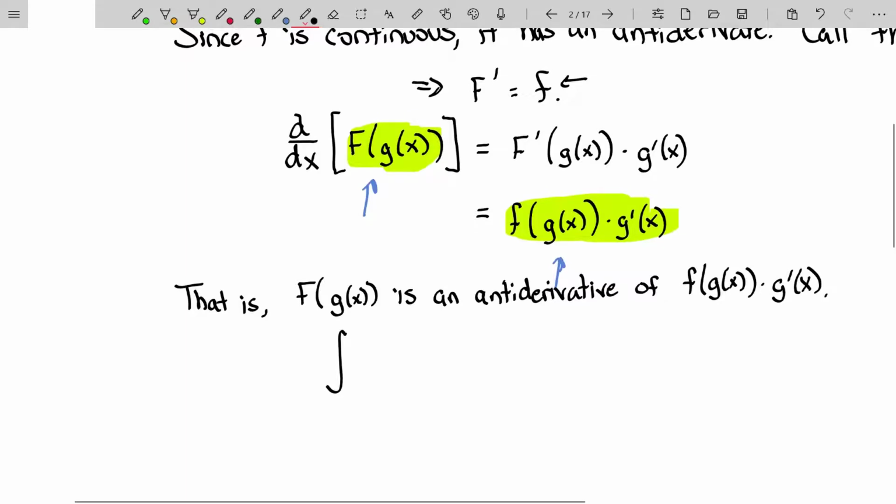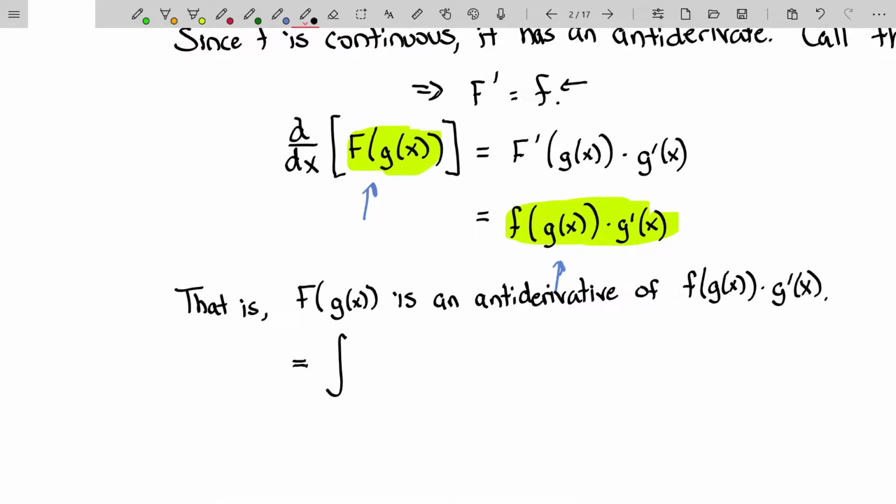So again, this implies the indefinite integral of f of g of x times g prime of x dx should turn into capital F of g of x. Now remember, we also have the constant of integration, so I'll just say plus c.